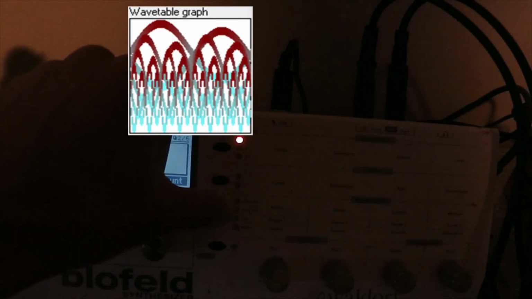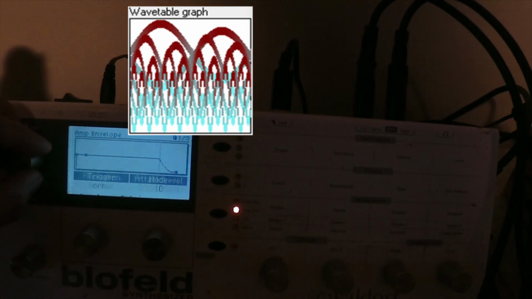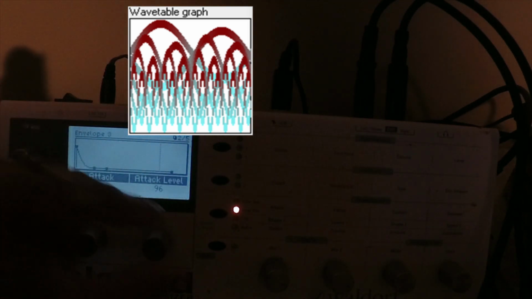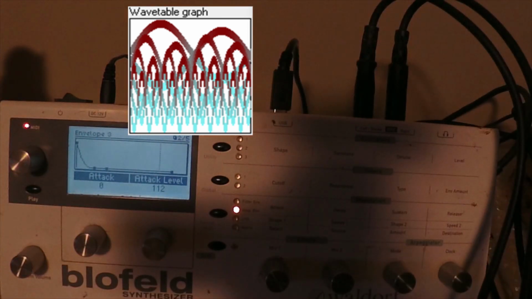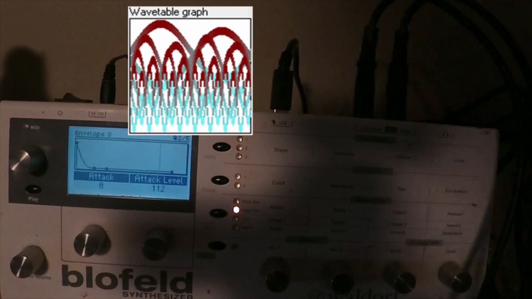Because it's a decaying envelope. Alright? And that's what happens going from the lowest point up, which would be 96 or 120. Or you could say, hey, I needed to go here. So you take an attack level up to 112. See what I mean? That guarantees it gets into the.